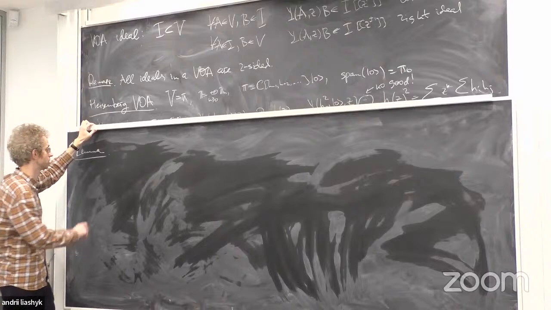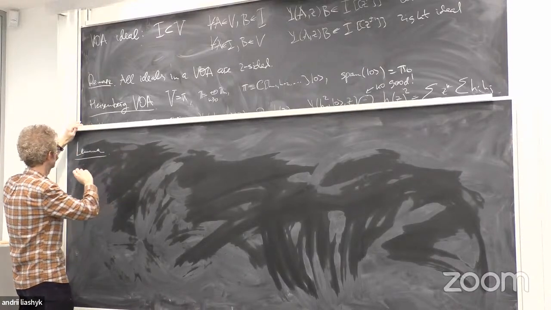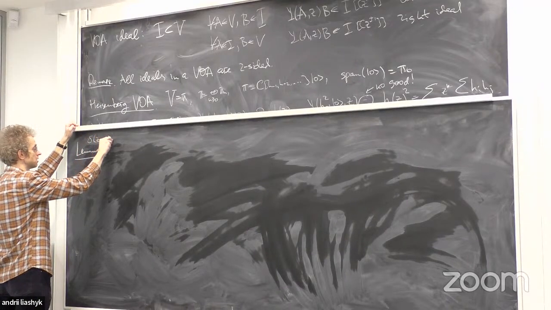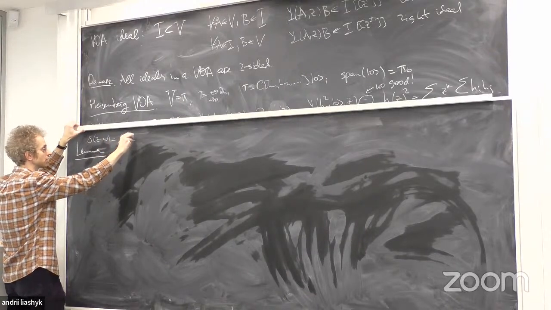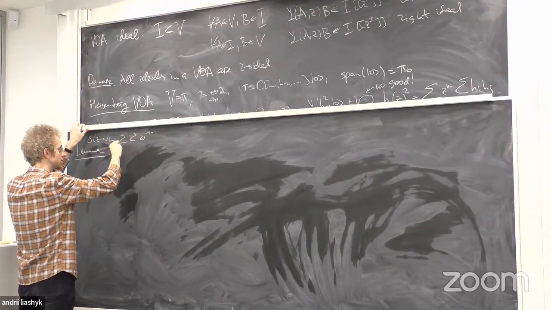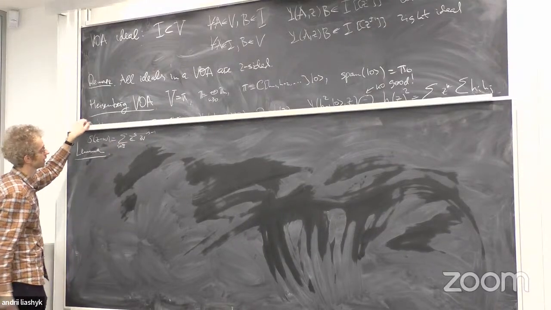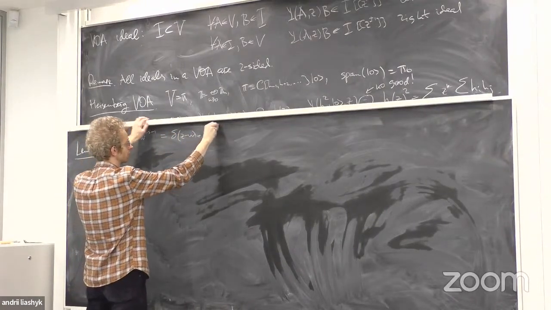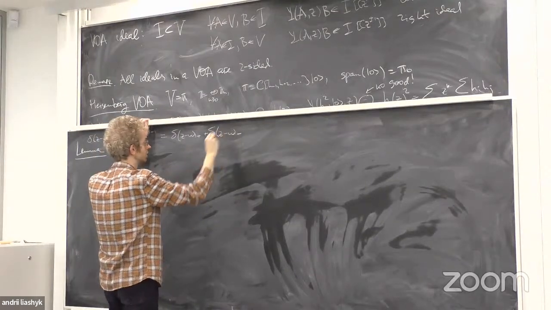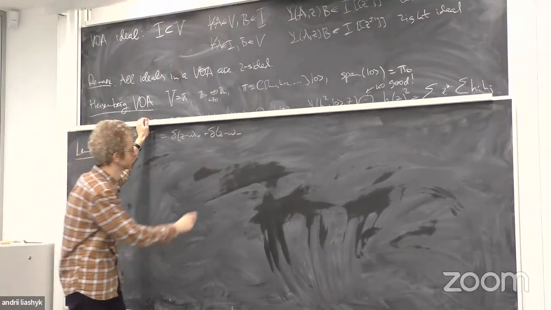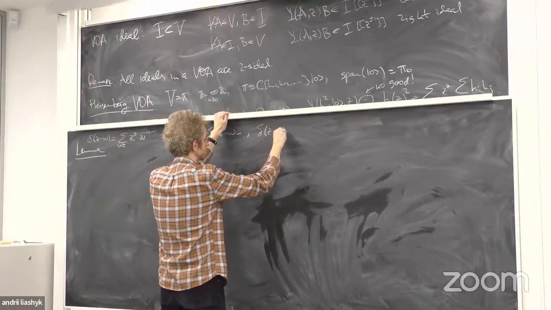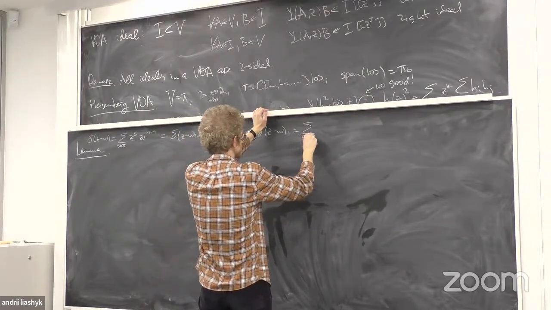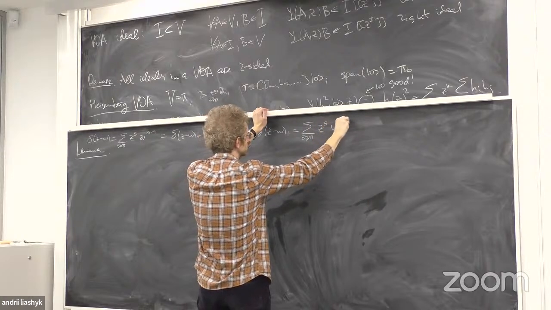So let us do the following. Maybe before stating the lemma, let me recall that we have delta of z minus w, which is the sum of z to the s, w to the minus s minus 1. And this can be decomposed into delta of z minus w plus and z minus w minus, where, for example, z minus w plus is as usual the sum over s greater or equal than 0, like this.